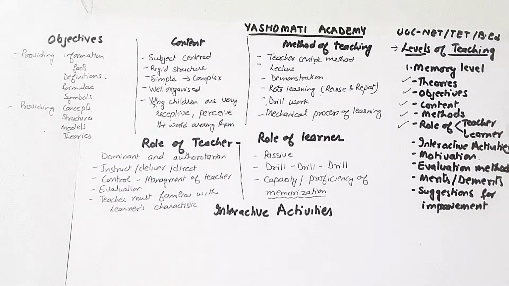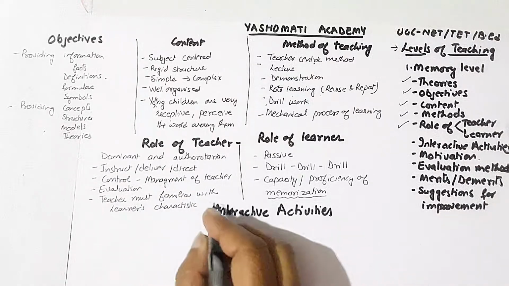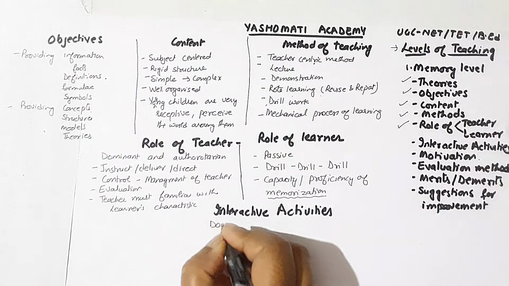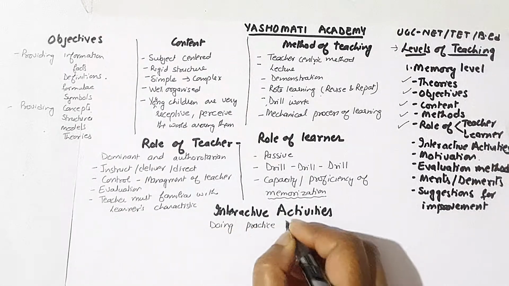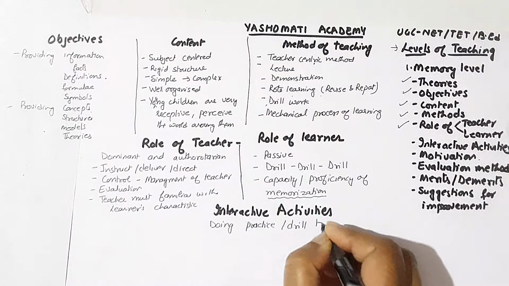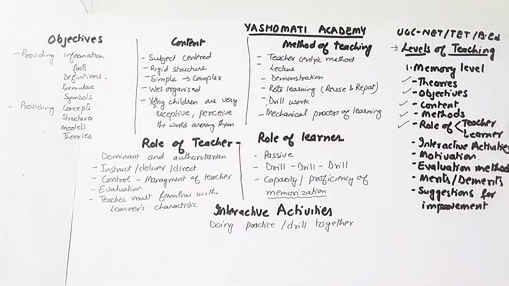As far as this is concerned, here the interactive activities are based on doing, practice or drill together. Teacher can devise certain activities where teacher works with the learner and does certain activities so that motivation level of learner remains high.